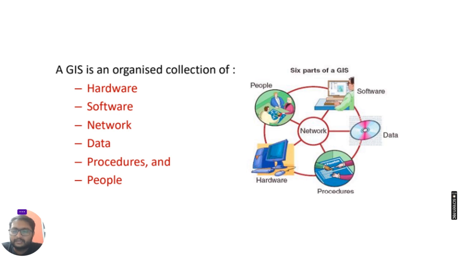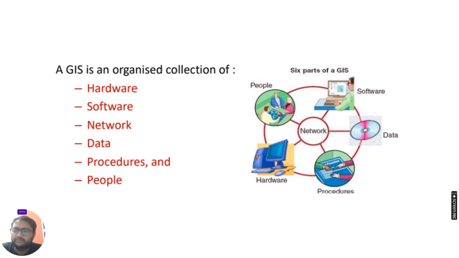Data, of course. When we want to analyze anything, we need data to start off. It's any data in which we are interested, whether it's related to forests or rivers or urban areas. Then the procedures, so how we will proceed to do a task, like how we will digitize our data. First of all, scanning of the map, then digitization of the features, then performing the analysis.